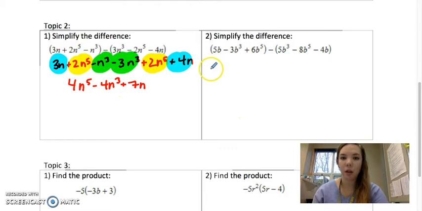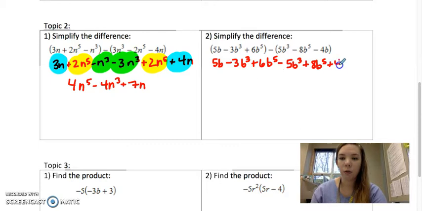I'm going to do the same thing here. The very first thing I'm going to do is change all the signs in my second group of parentheses here. So now we have a negative 5b cubed plus 8b to the fifth plus 4b.